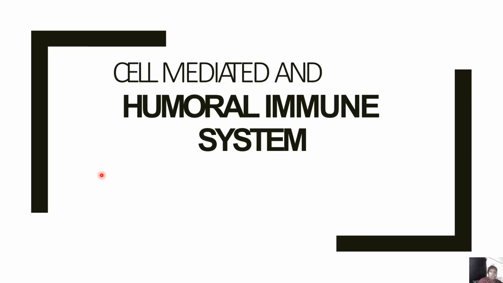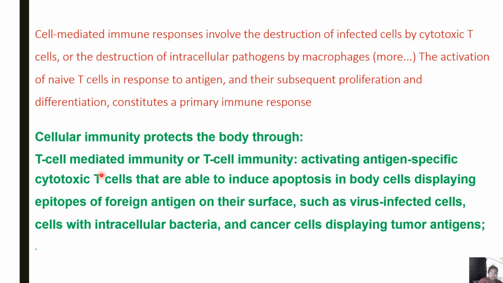We will not go into these details, we have already talked. Yes. So, cell-mediated immune responses involve the destruction of infected cells by cytotoxic T cells or the destruction of intracellular pathogens by macrophages. The activation of naive T cells in response to antigen and their subsequent proliferation and differentiation constitutes a primary immune response.